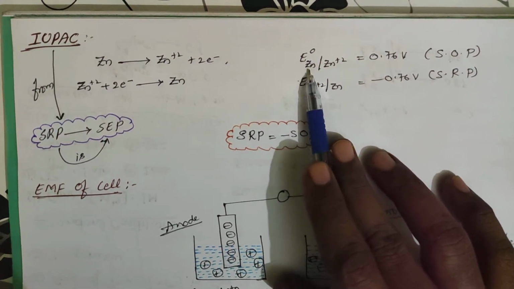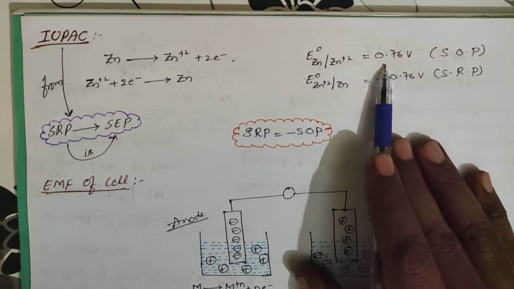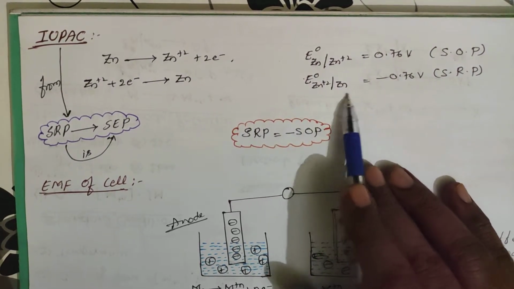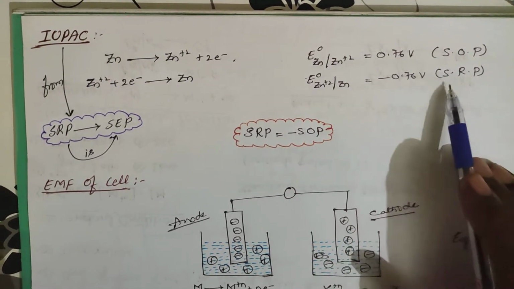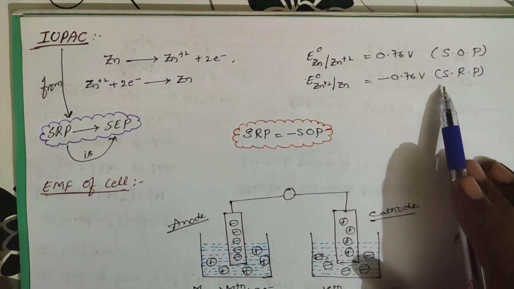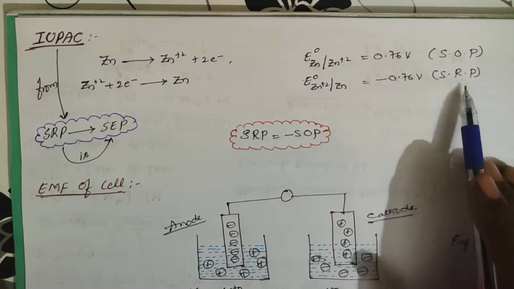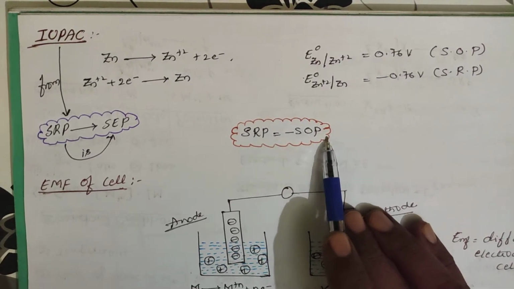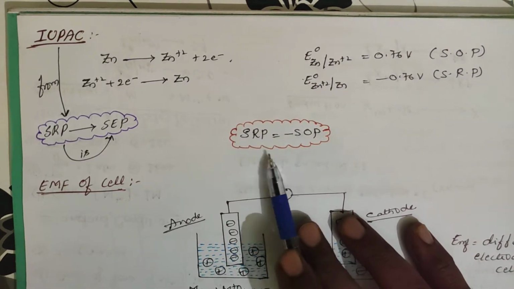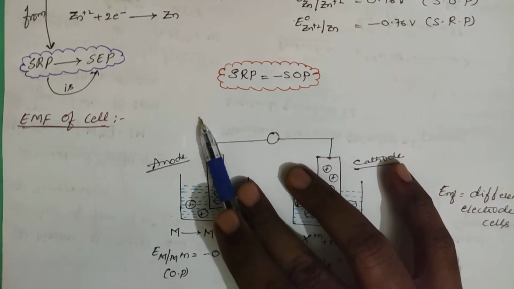Zn to Zn plus 2 is 0.76, so Zn plus 2 to Zn is minus 0.76, because Zn plus 2 to Zn is a reduction. As we have standard conditions, this is called the standard reduction potential. So you can say simply standard reduction potential is equal to minus standard oxidation potential, or standard oxidation potential is equal to minus standard reduction potential.